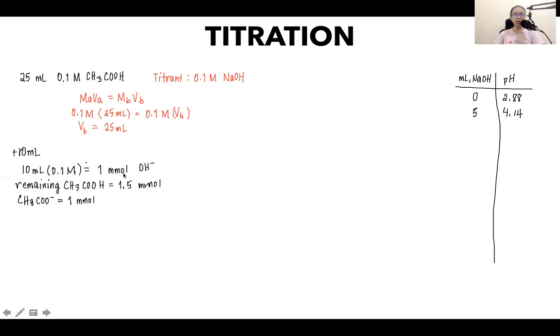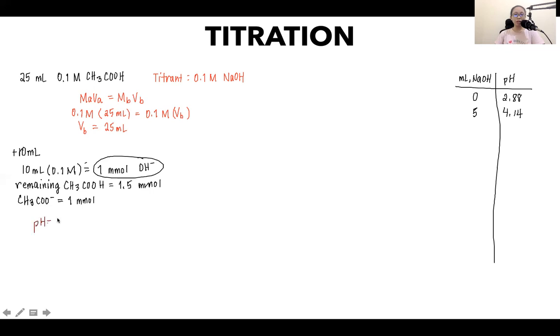In essence, all of these 1 millimole hydroxide ions will disappear. So now, again, we have the conjugate base and we have the weak acid. So we can use the Henderson-Hasselbalch equation to compute for the pH at this point of our titration.